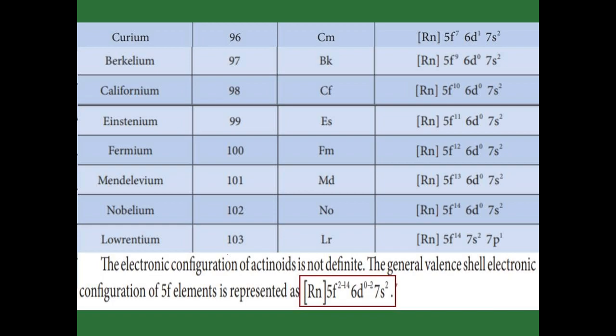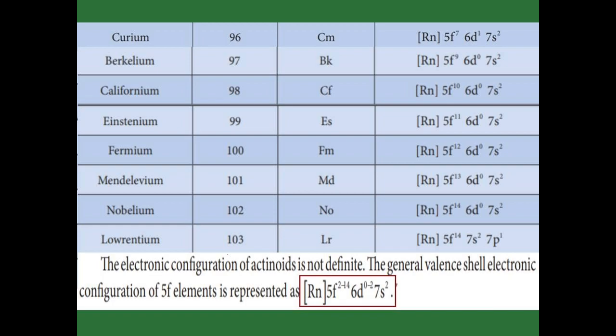Then in californium, einsteinium, fermium, mendelevium and nobelium, no electron fills into the 6d orbital; the last electron goes to the 5f orbital. And then the last one, lawrencium, atomic number 103, up to 86 is the radon configuration. Afterward the electrons are filled in 7s2, 7p1 and 5f14.